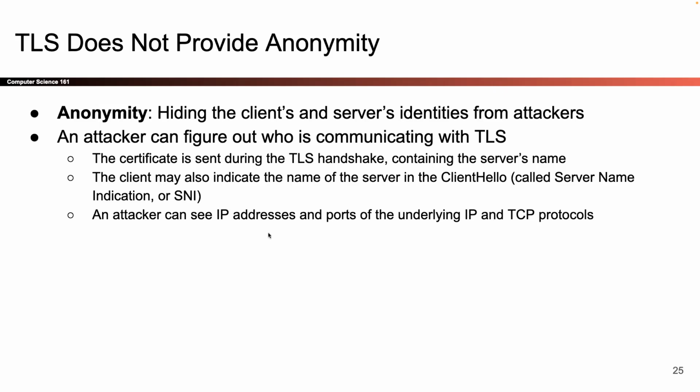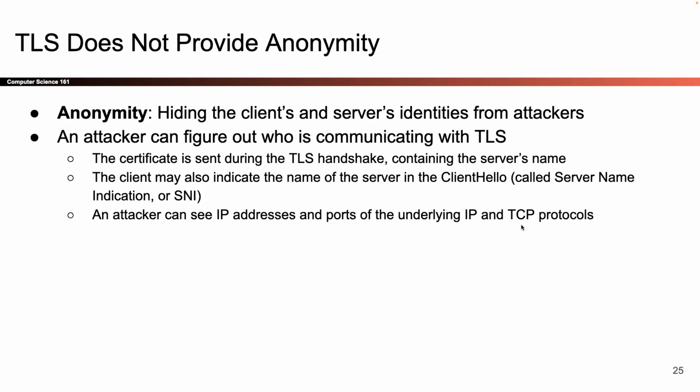Examples of how they can do that: well, they see the certificate. The certificate is in the handshake, it's unencrypted, and it says the server's public key is this. So an attacker could read that certificate message and say, oh, this is the server they're talking to. You can also imagine that all of this is built on top of TCP and IP.